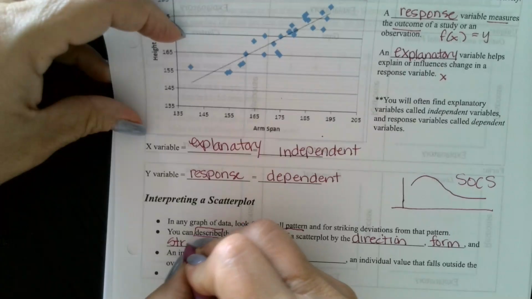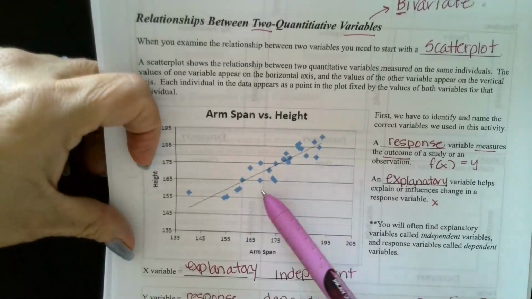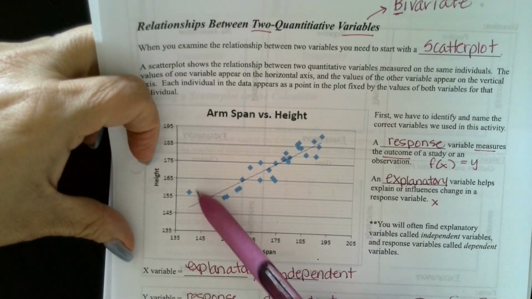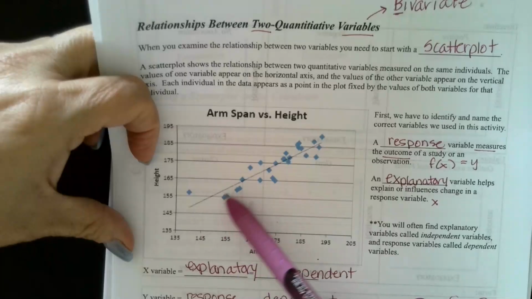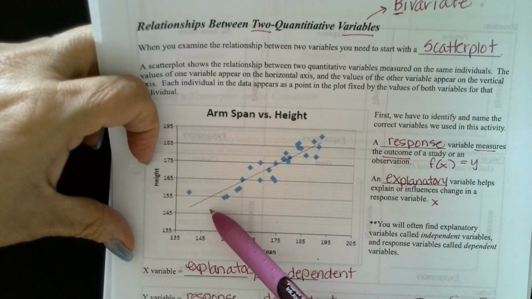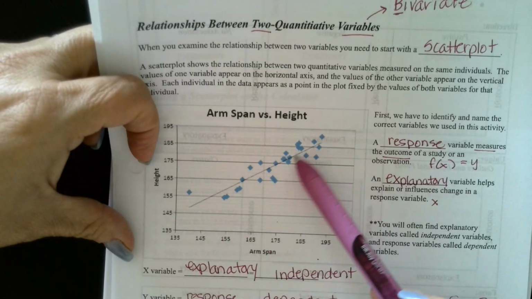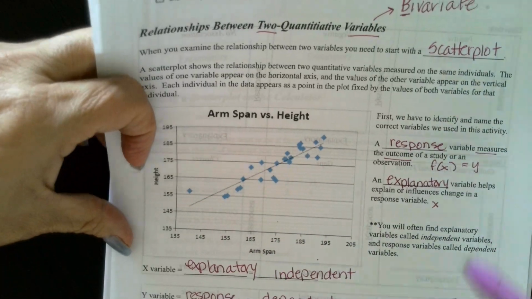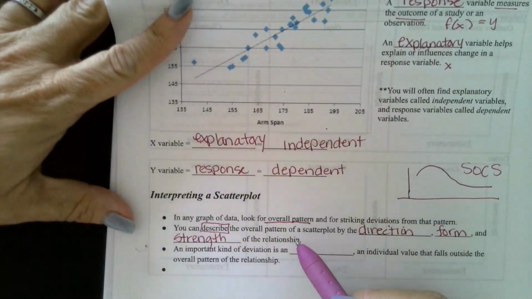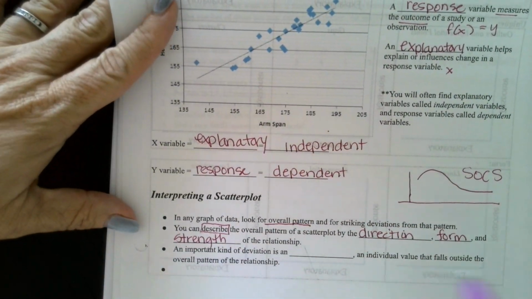The strength is basically saying how close all of these data points are to fitting on this line. So this is pretty strong. If you look, maybe we've got one little outlier here, but for the most part, we have a pretty strong correlation. So that would be the strength. And then an important kind of deviation.